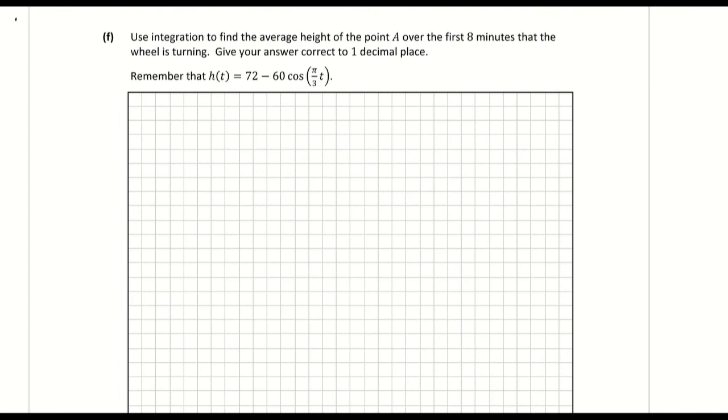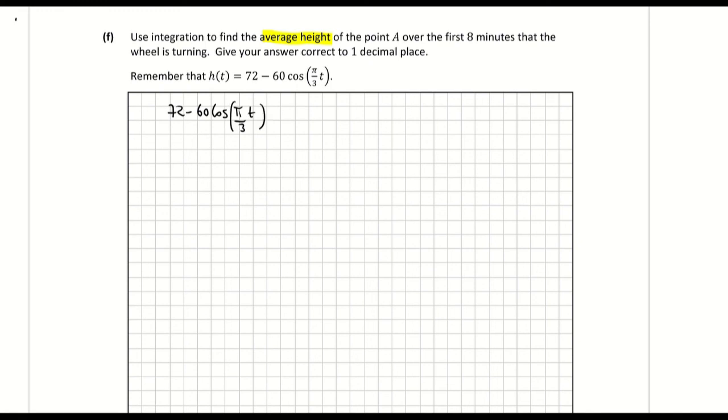Part F, use integration to find the average height of the point A over the first 8 minutes that the wheel is turning. Give your answer correct to 1 decimal place. So the key here to this question is where it says the average height. So we're basically finding the average value of a function, and the function that we're given is 72 minus 60 cos pi over 3 times t.